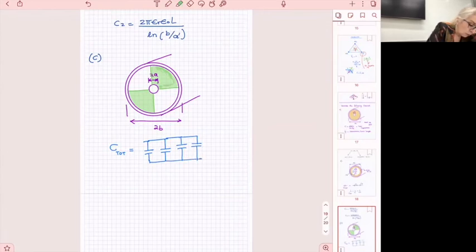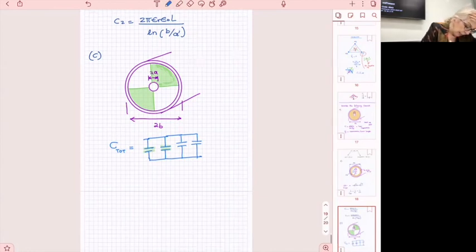These 2 are the green ones. They have the green material, and the other 2 are with the air. So practically you calculate, this is C1, C1, and this is C2, C2, and then this is C2, C1, and C1.